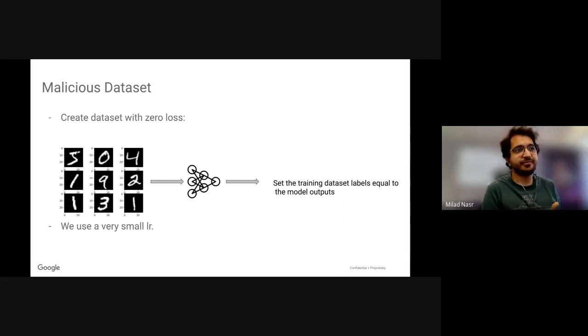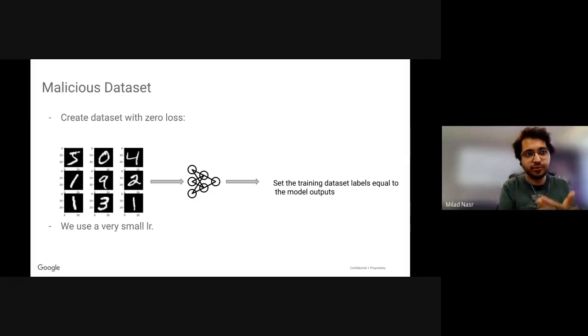To do that, we take the normal MNIST data and an initial model from whatever neural network model we want to train, and we set the labels of those images to whatever the initial model predicts. Then the loss of the model with respect to the model parameters would be 0 given these inputs.